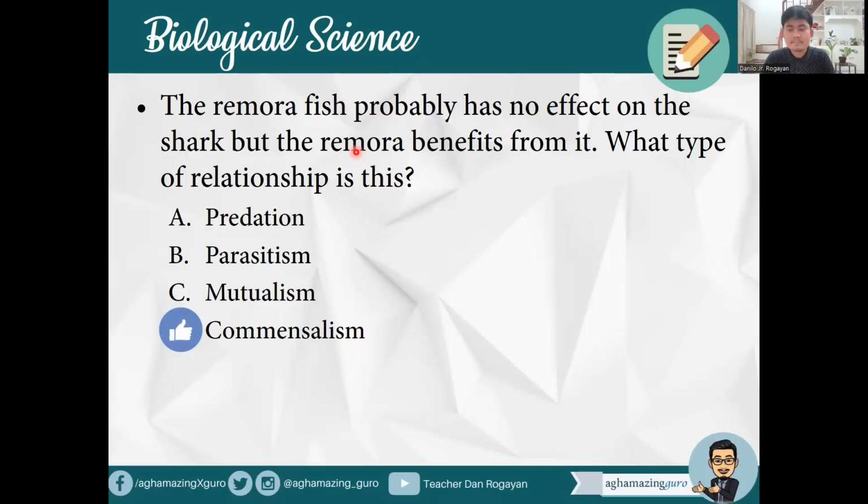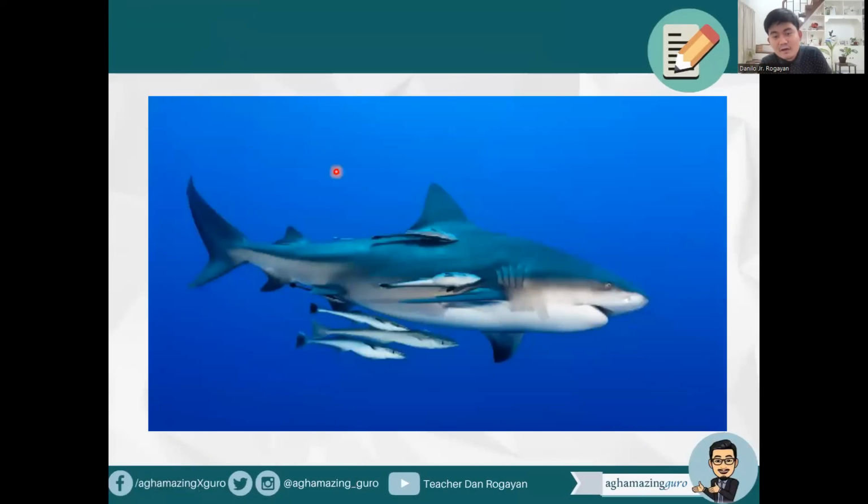Usually, yung mga tira-tirang pagkain ni shark, pwedeng kainin ni remora, and then takot din siya sa mga predator. So sino magbe-benefit? Remora. Question, anong benefit ni shark? Sige nga, pakisulat nga kung may benefit si shark. Wala, 'di ba?